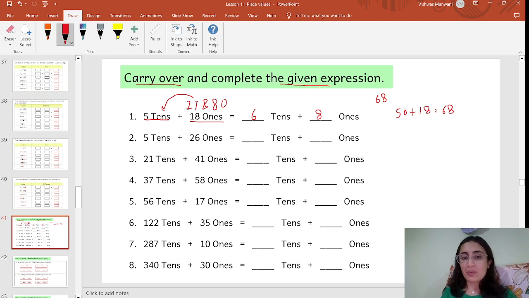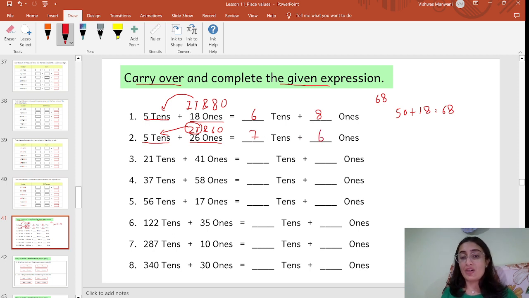I hope you've understood what we need to do in this exercise. Let's do one more question here to understand that clearly. So, in the second example, as you can see, I have 5 tens and 26 ones. Now, how can I break 26 ones? Obviously, I can see that there are 2 tens here and 6 ones. So let's carry over these 2 tens to the other 5 tens, which will make my total number of tens as 7, and the number of ones that are left will be 6.